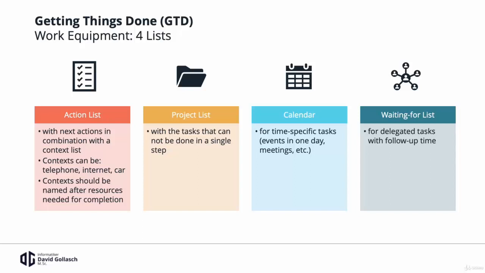So your task is then to get through this waiting for list regularly, to follow up those tasks, to keep track of those delegated tasks, and to monitor the progress of fulfillment for them. So if there are tasks you delegated and where it's not necessary to follow them up, maybe it's not on your waiting for list anyway.